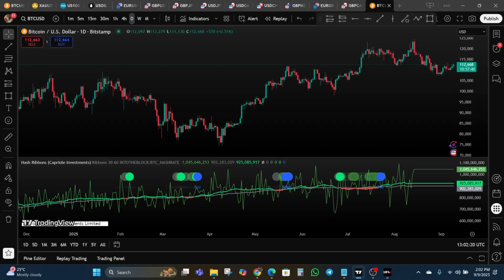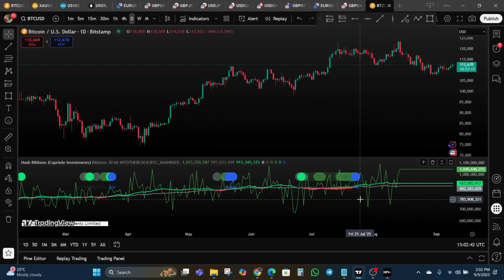Basically, traders use the Bitcoin hash rebalance indicator to interpret market conditions. When the indicator signals recovery after capitulation, it indicates a healthier network and increased miner confidence.